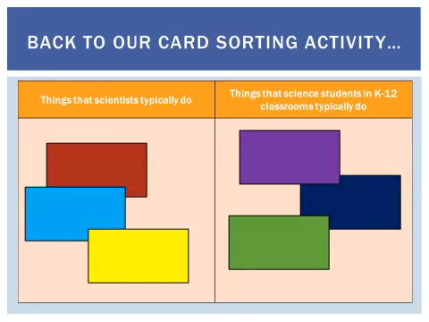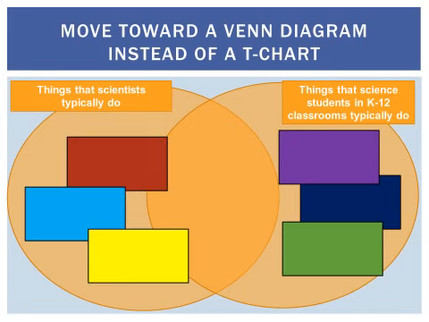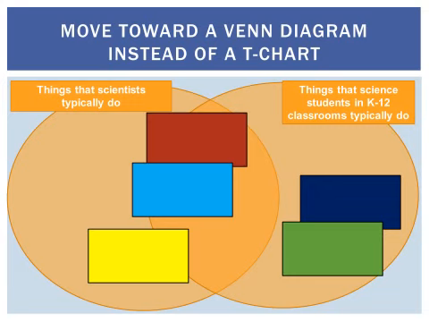Moving forward, we need to consider thinking about a Venn diagram instead of a T-chart. And as we implement these new standards, we'll need to find ways to move the things scientists do to the center of the diagram, while moving those things that have historically only been done by students off the diagram.